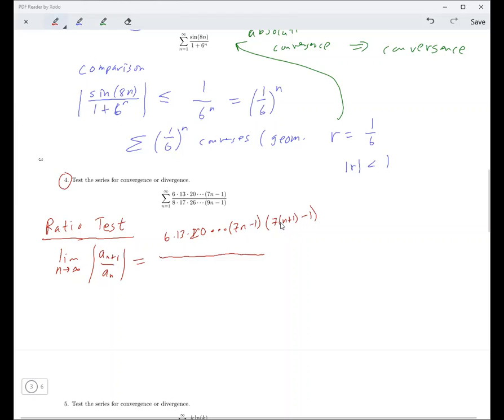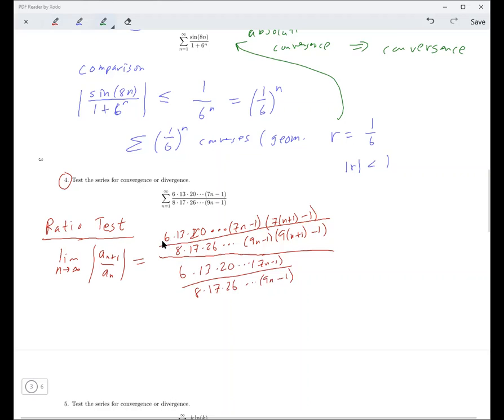You have another term here. And then you're going to divide by all these terms. And then you have another term, 9(n+1) minus 1. And then this a_n down here is 6, 13, 20, all the way up to 7n minus 1, divided by 8, 17, 26, all the way up to 9n minus 1.